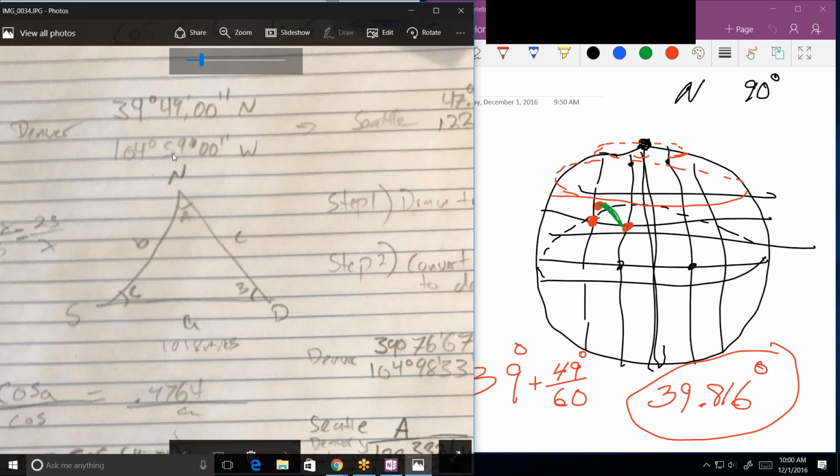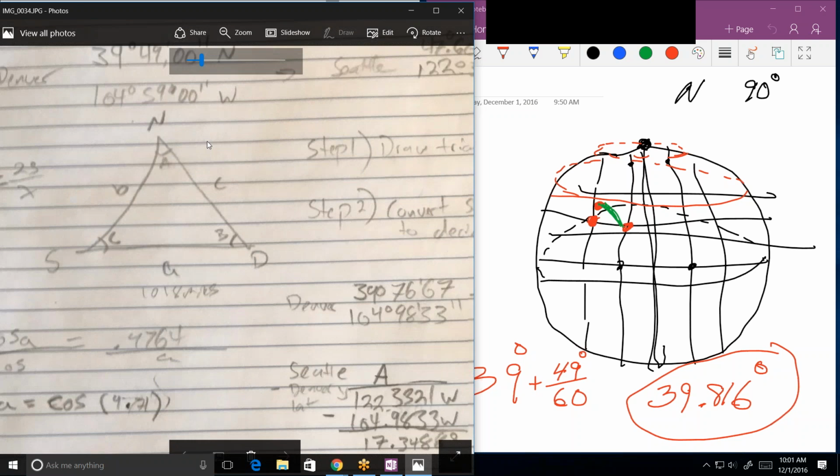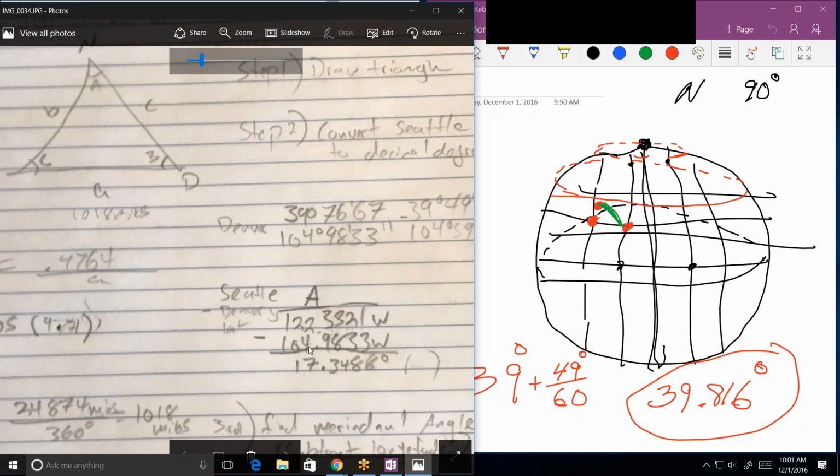You understand that? Yeah. Okay, so that's Denver's latitude, and it converted to 104.9833. In other words, 59 divided by 60 is 0.9833. Okay, I'm sorry. Can you just go over the division thing one more time between those two problems?